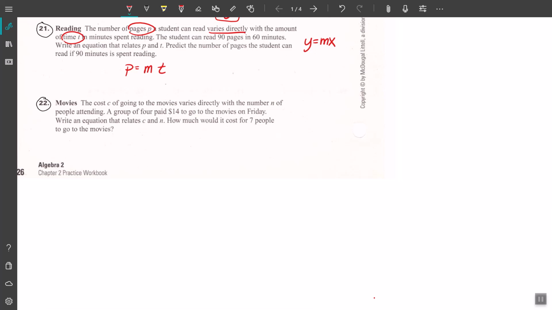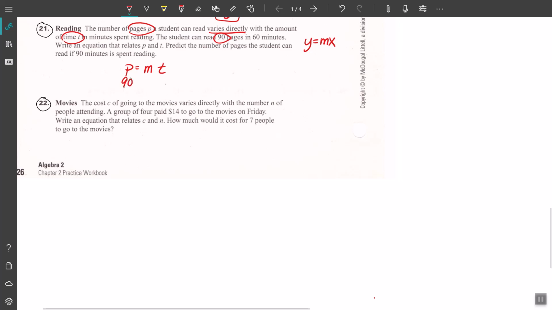I'm just changing the y to p because now our y's are the number of pages we read, and I'm changing x to t because it represents the amount of time we spent reading. We know they vary directly, but we want to know what that constant of variation is, so we need to calculate m. In the very next sentence, they tell us that the student can read 90 pages.